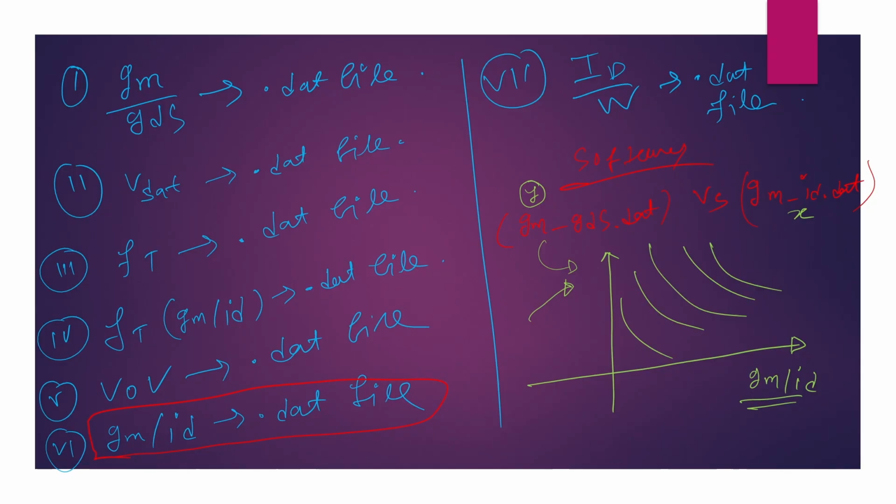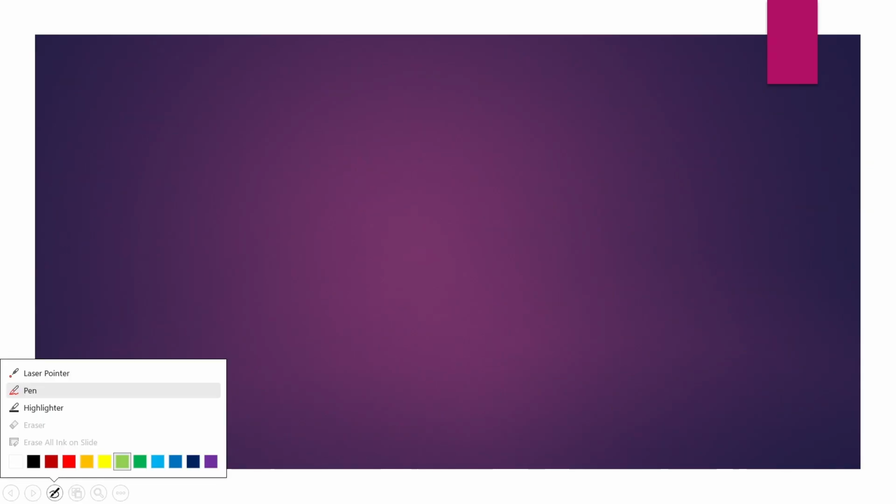So basically I will teach you how to plot a .dat file in Overleaf or LaTeX. How can we plot our .dat file in LaTeX? So basically this is the outline of today's class.